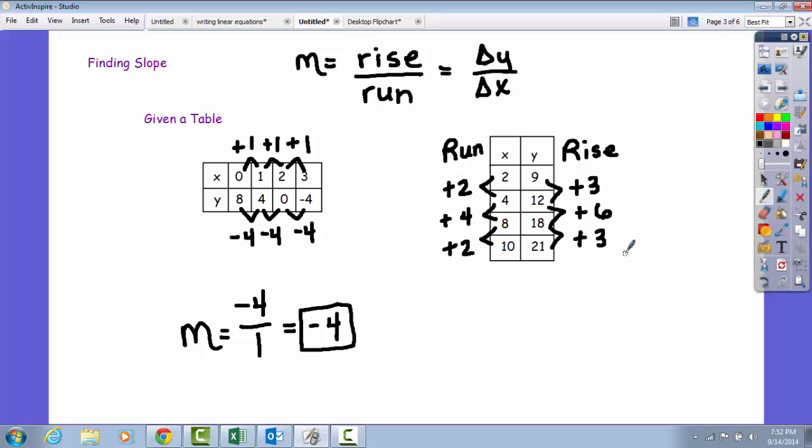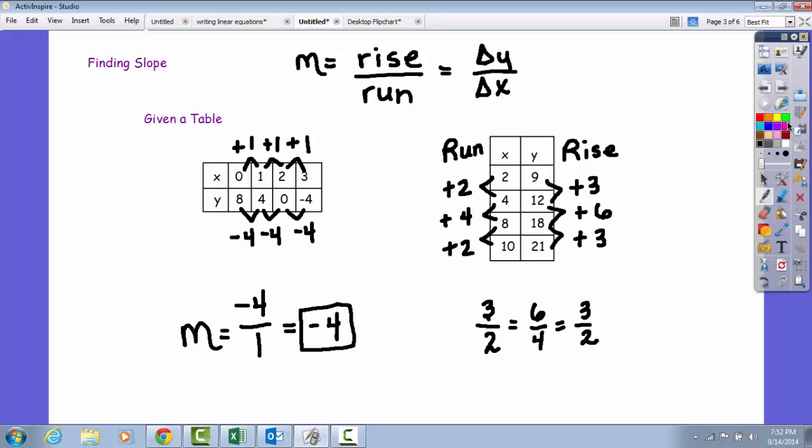Well, this doesn't look necessarily like a constant rate of change just looking at the values at first, but if I take each of these values and make the rise over run coordinate between the ordered pairs, I would have a 3 over 2, which equals a 6 over 4, which equals a 3 over 2 again. Now, I know that 6 over 4 is not in a simplified state like 3 over 2.